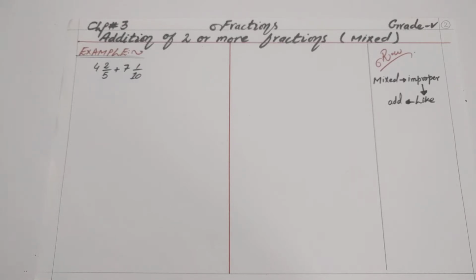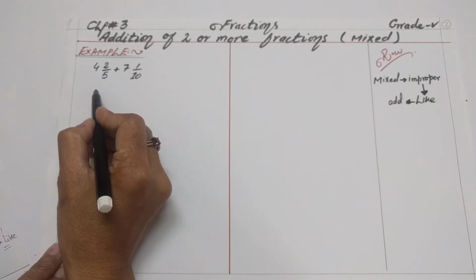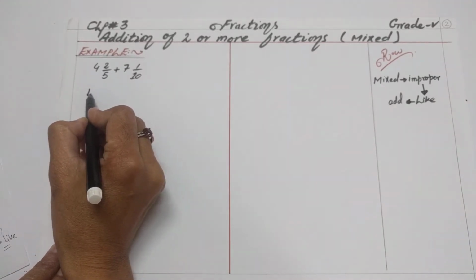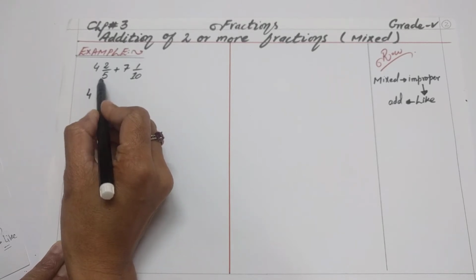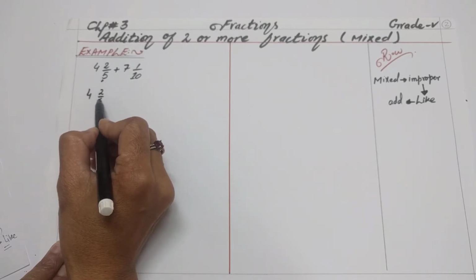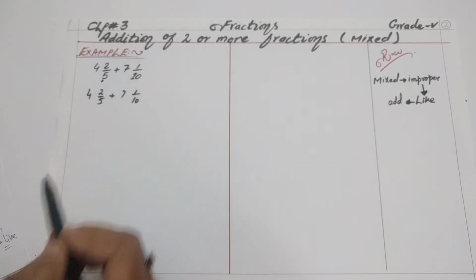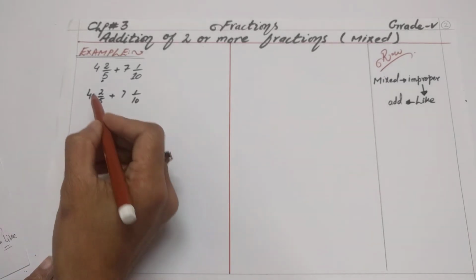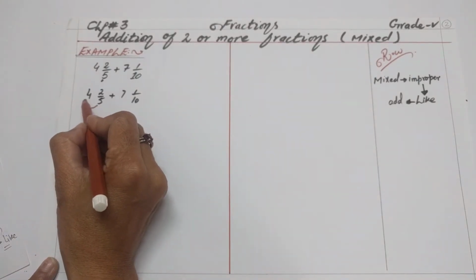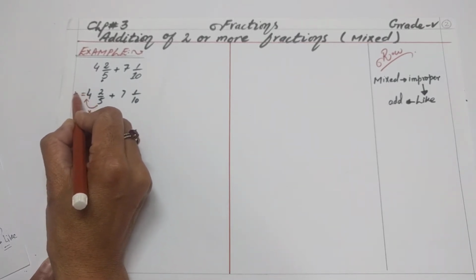Okay, so let us first convert these mixed fractions into improper fractions. How can we do that? Let's start. 4 2 by 5 plus 7 1 by 10. To convert a mixed fraction into an improper fraction, we multiply the denominator by the whole. 4 fives are 20.